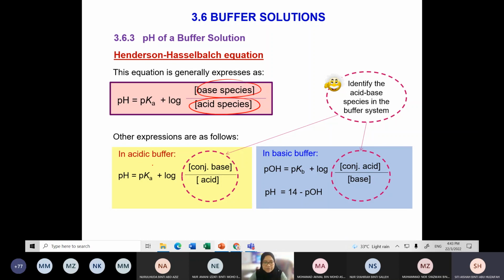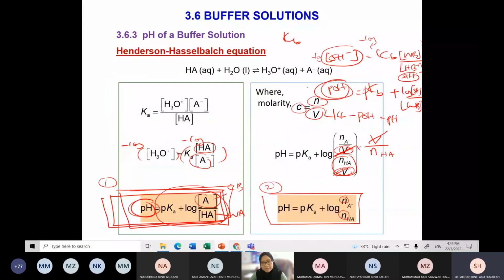So in an acidic buffer, it is the same as just now: conjugate base on top, acid at the bottom. For the basic buffer, like I said just now, the formula is pKa and then you have pOH.